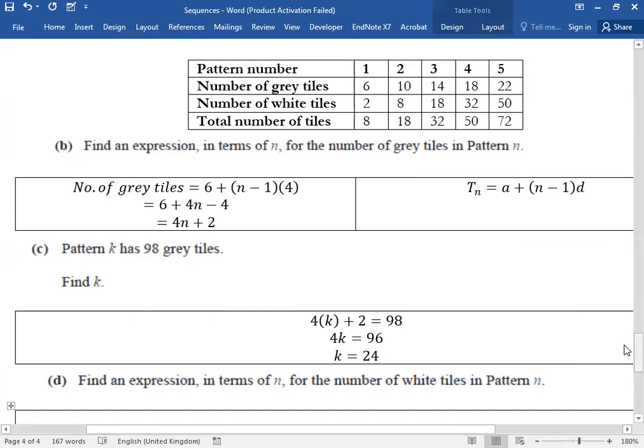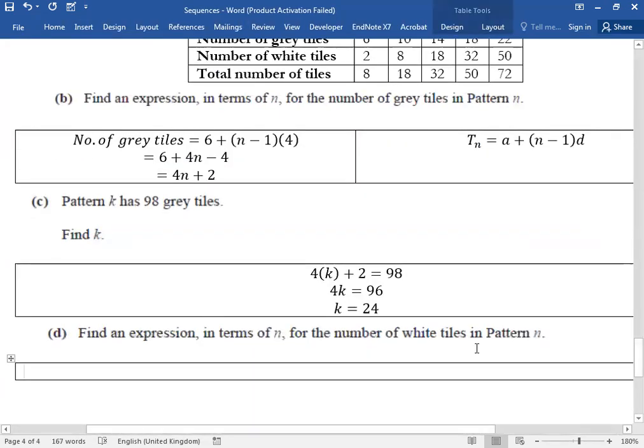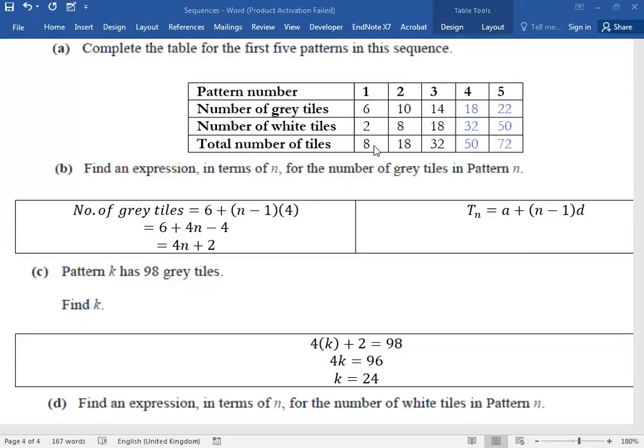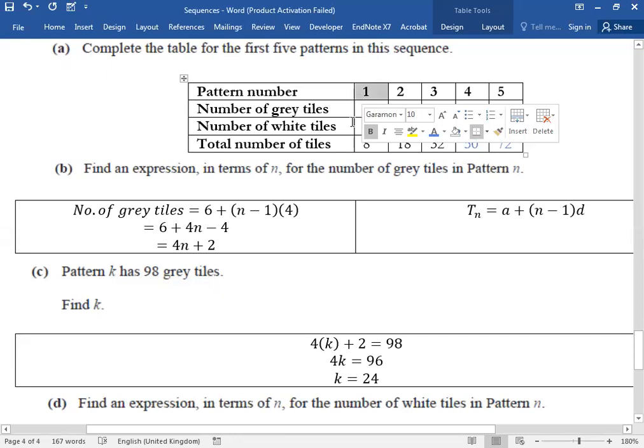Very good. The question says find an expression for the number of white tiles in pattern n. One way of doing it is using the quadratic method, which most IGCSE students do. You can do that too. Another way is, as I have told you, think about the rank and think in multiples. How do I get 2 from 1?